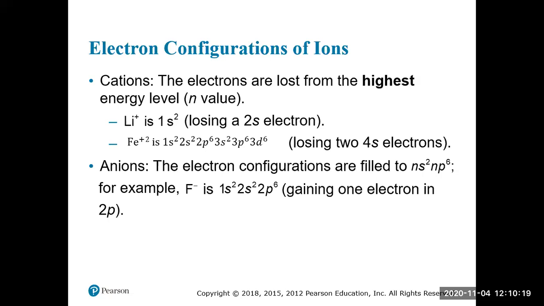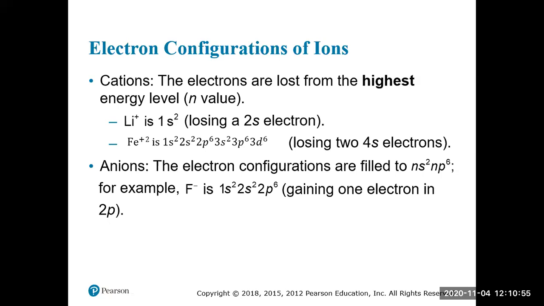So if you lose an electron there, it comes from that 2s level, not the 1s level. For iron plus 2, you have a configuration of 1s2, 2s2, 2p6, 3s2, 3p6, 3d6, and then you'd have 4s2. You lose 2 electrons there, you're going to lose electrons out of that 4s level, because that's the highest n value in its electron configuration.